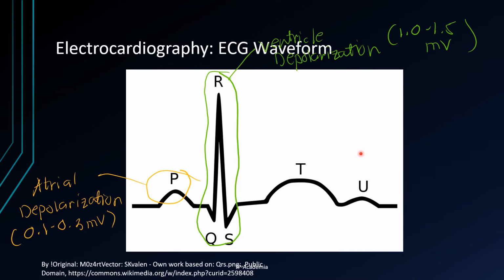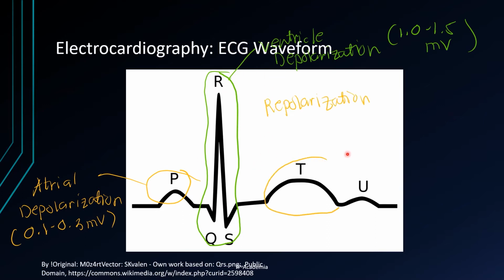This depolarization spreads through the ventricles. The voltage of the QRS complex is commonly between 1 to 1.5 millivolts from the top of the R wave to the bottom of the S wave. Thus, the P wave and the QRS complex are depolarization waves.